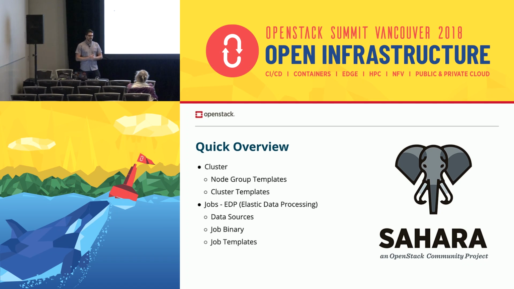And to have a cluster in Sahara, you first need to configure node groups. So what are these node groups? Node groups are a group of processes that are going to be running on a single machine. For example, for Hadoop, we usually deploy Hadoop with at least 2 node groups. One is the master, one is the slave.